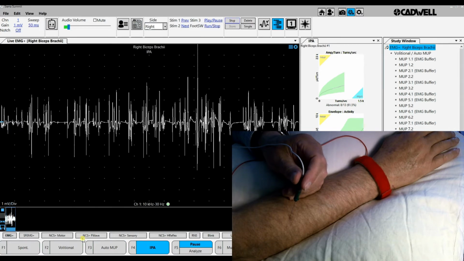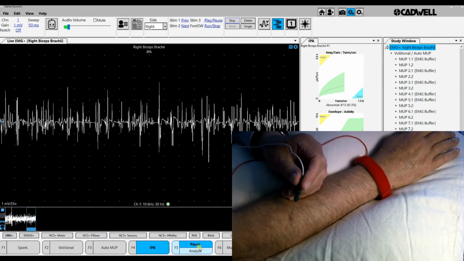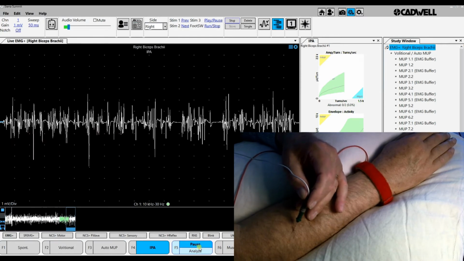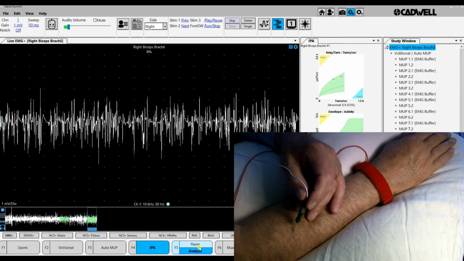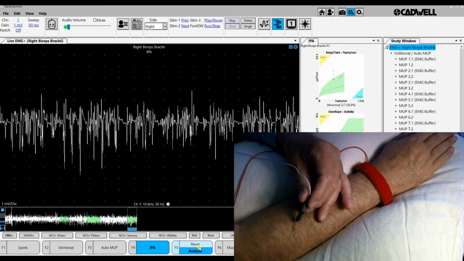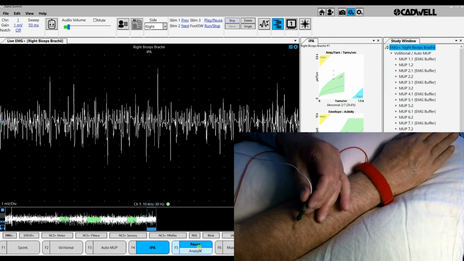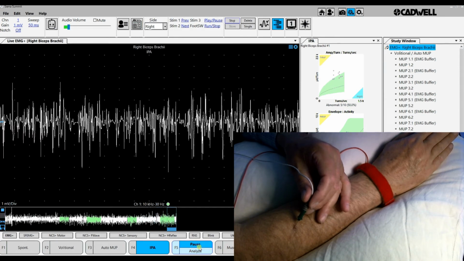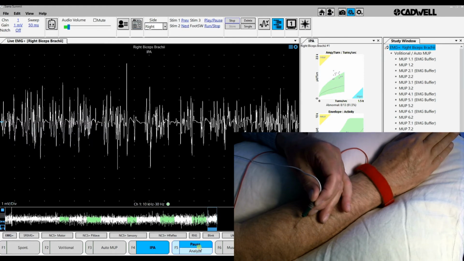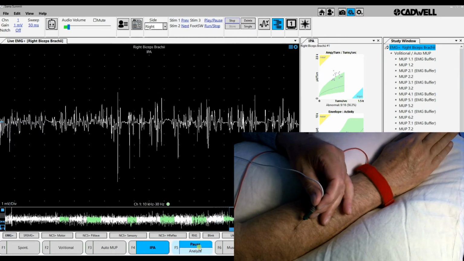New skin insertion, light contraction, analyze, analyze, and then we analyze again. We analyze, different needle position each time.